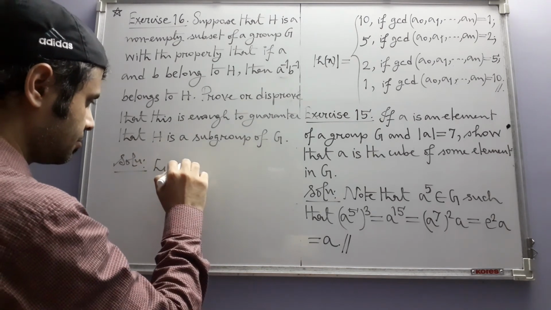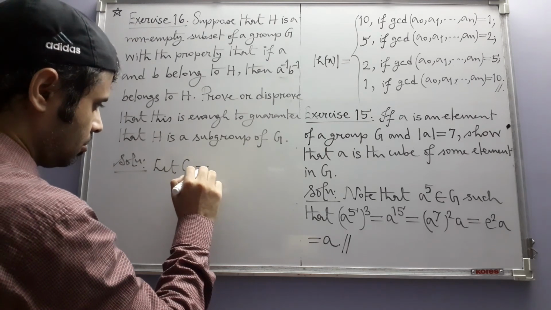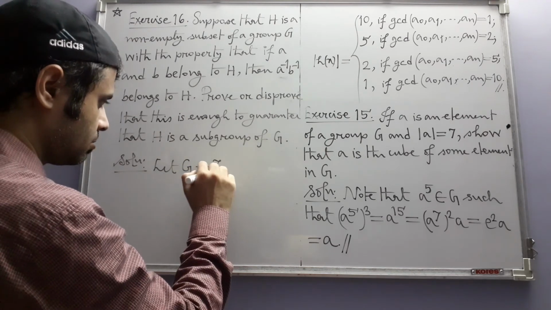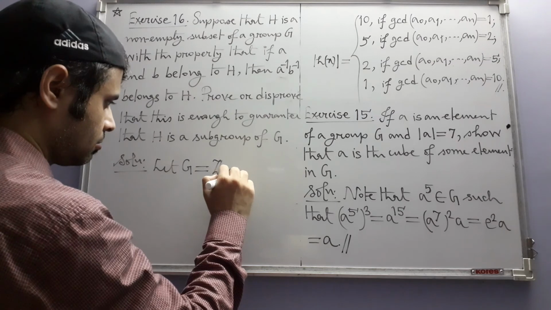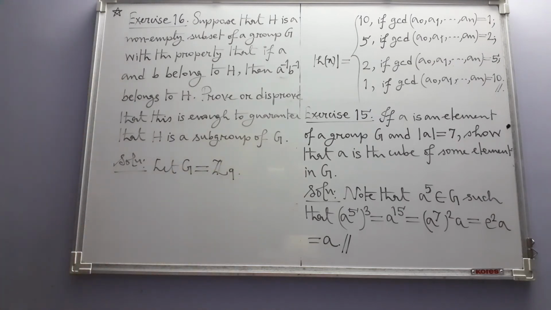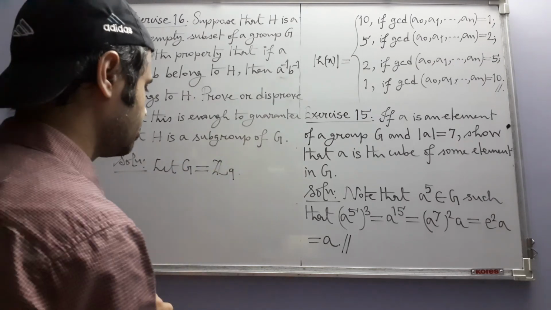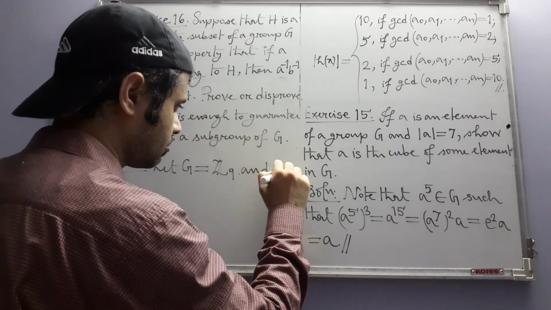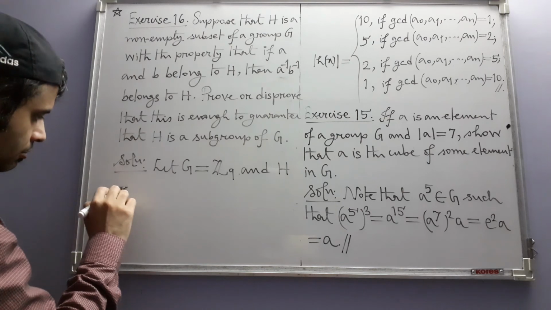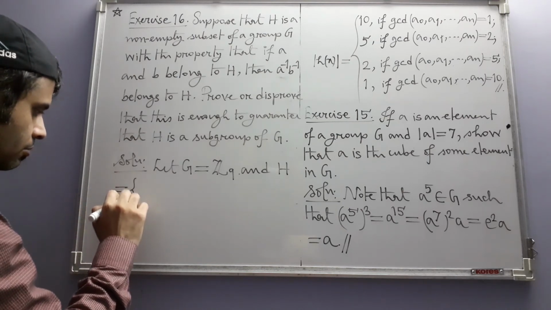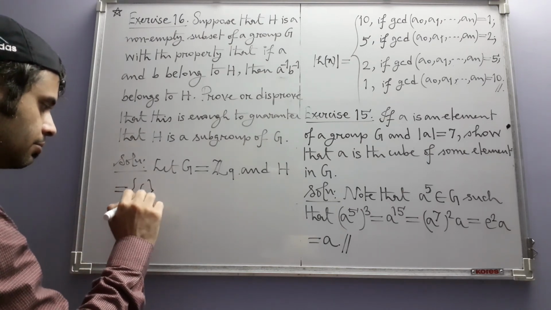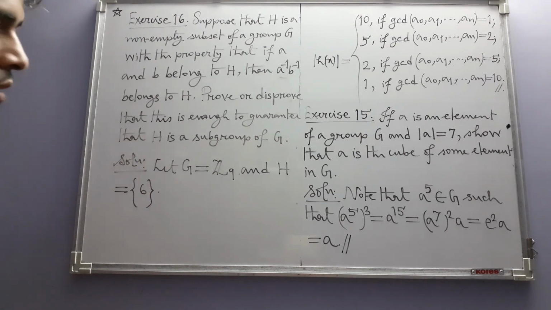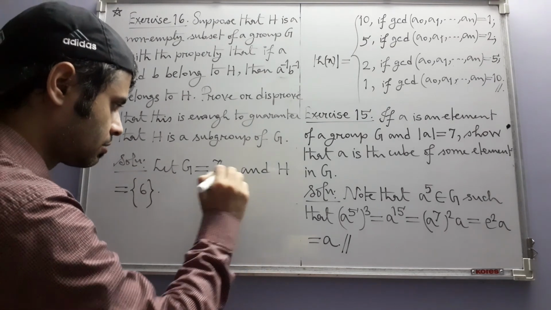Let G be the group of integers modulo 9 under addition modulo 9, and H be the subset consisting of 6.